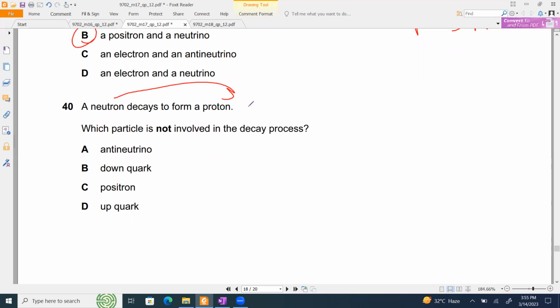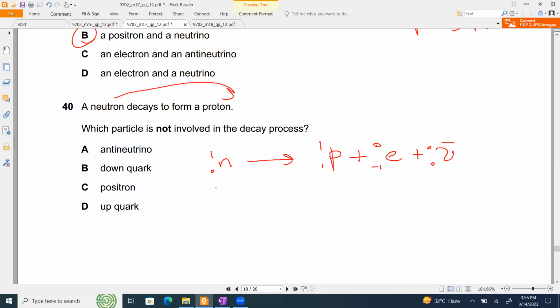A neutron, that is 0, 1, is converted into a proton, that is 1, 1, by emitting a negative beta particle, right? And along with that, an antineutrino particle is also emitted. So an antineutrino particle is also involved in this reaction.